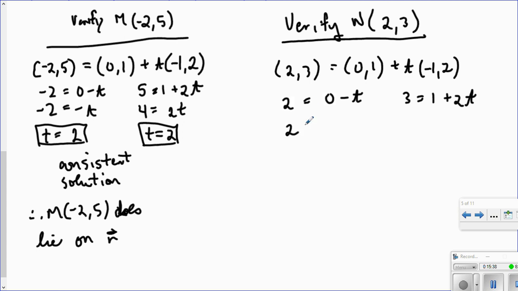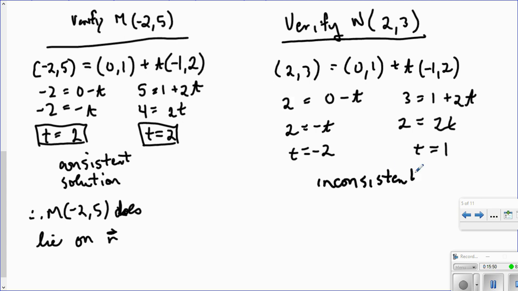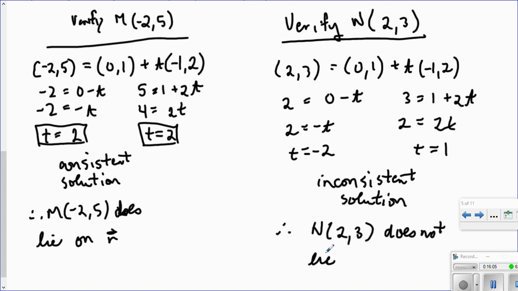So in this case, I've got 2 equals negative t, or t equals negative 2, and in this one, I've got t equals 1. Okay, this is an inconsistent solution, and when I have an inconsistent solution, I can make a statement that the point does not lie on the vector R.